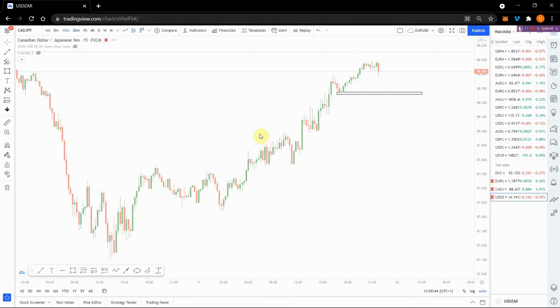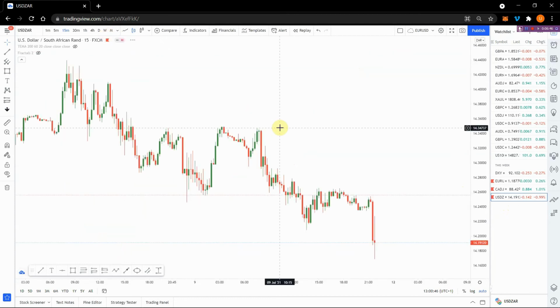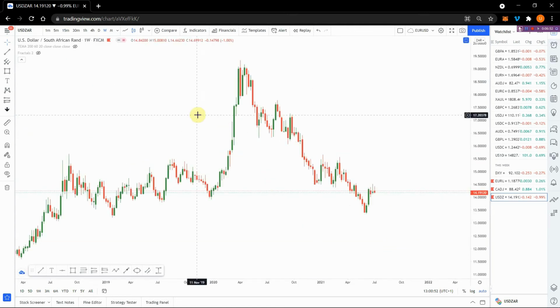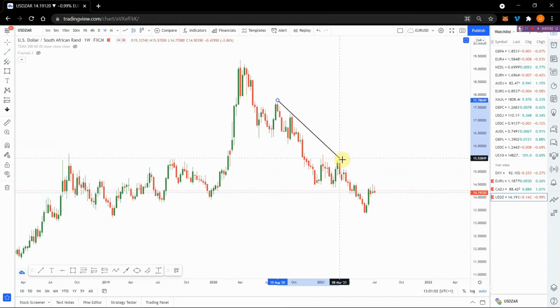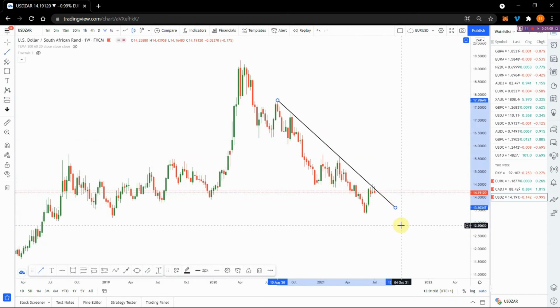That's USDZAR. USDZAR usually gives one of the best trends. Might be something interesting to look at. So yes, as usual, higher time frame first. Look for possible rejection zones. So clearly you can see it's been in a good downtrend, and this trend line supports that for us, right?